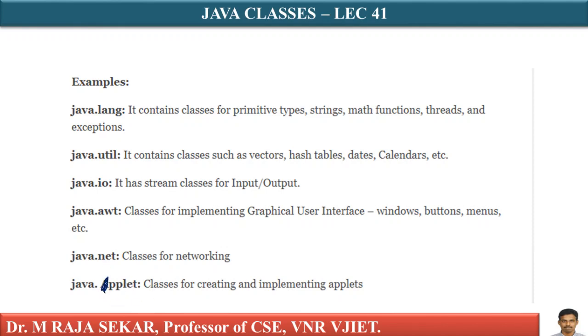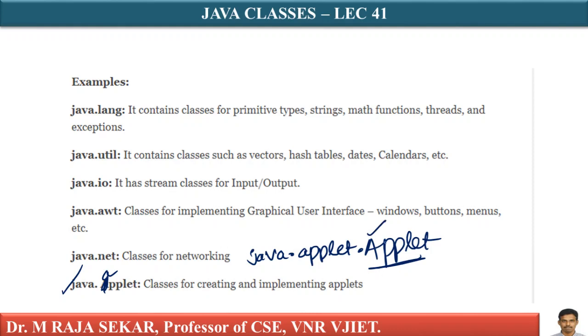If you speak strictly, this is a small a. Java is the super package. I can write java.applet. Why? Because all package names must be in small letters, and in it I have a class known as Applet. This is a class name which starts with a capital letter. This must be the case. Of course, this is a small e. In the initial classes we said that there are two types of Java programs.